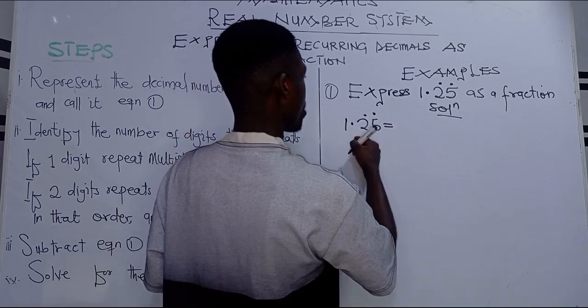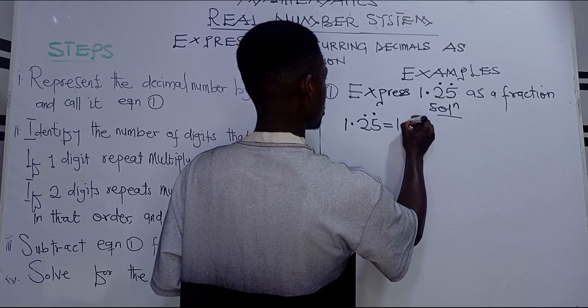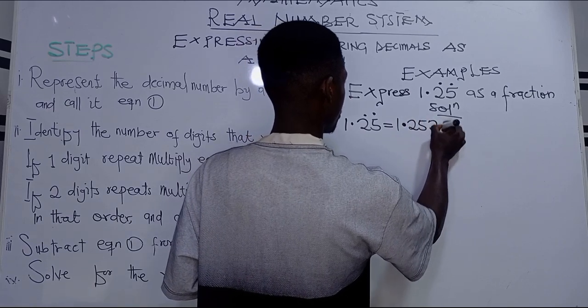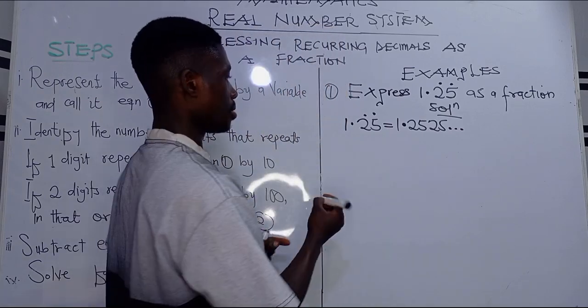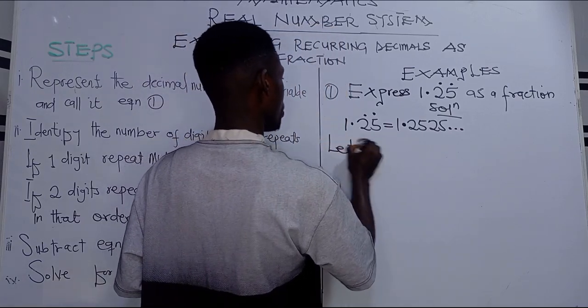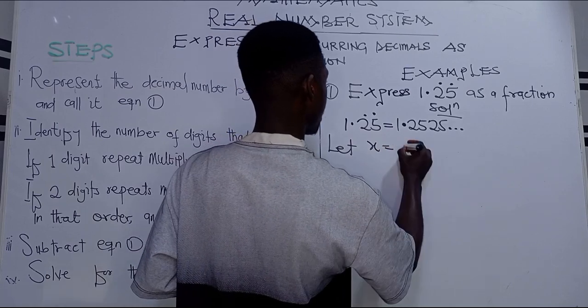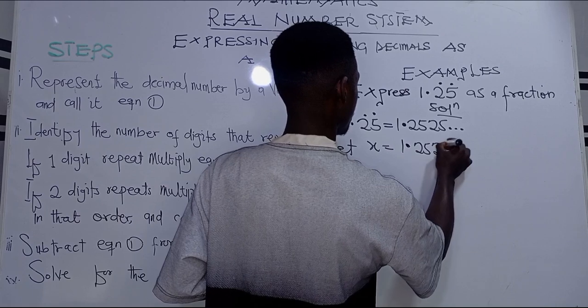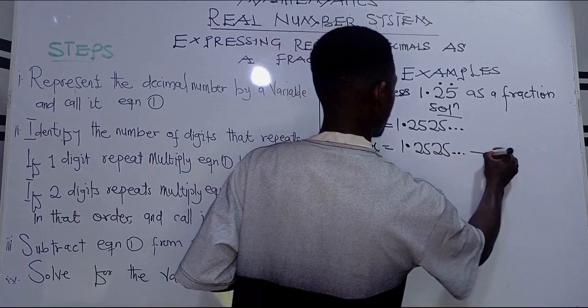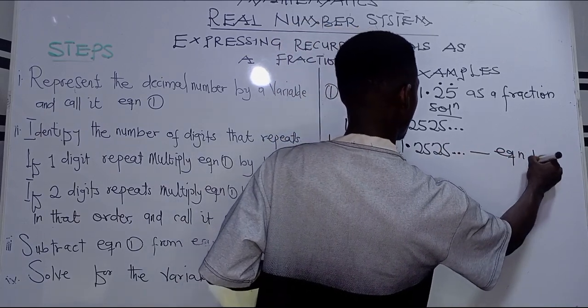And then we can rewrite this as 1.2525 and so on infinitely. Then after that, we let any variable, let's say x, equal to the number that is recurring or repeating. And then we call it equation 1.